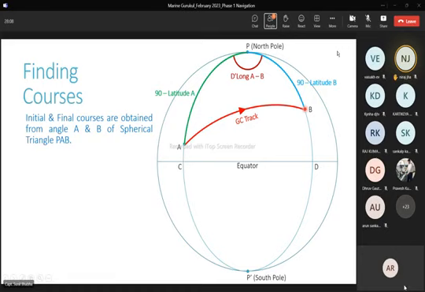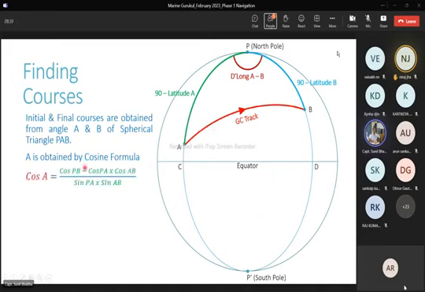With all the three sides known to us now, again we can use the cosine formula to find any angle of this triangle. So we will use this formula to find out angle A and angle B of our spherical triangle. So let's apply the cosine formula to angle A. Cos of angle A is equal to cos of PB.